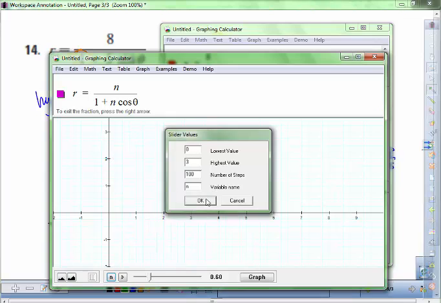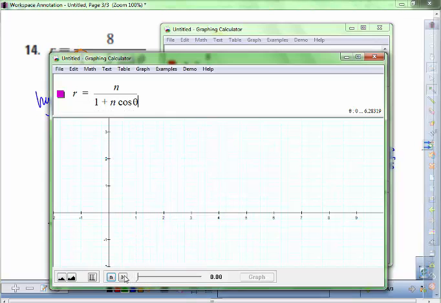So this is kind of cool. If I change the value of E, I'm calling it N up here, and I'll say assume that directrix is equal to 1, this is how it would look.